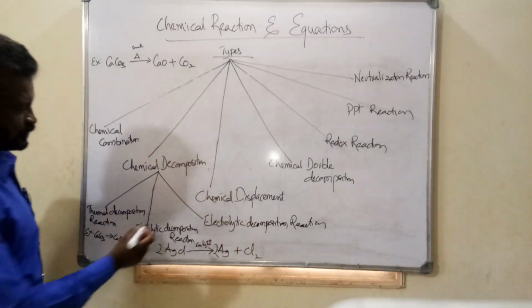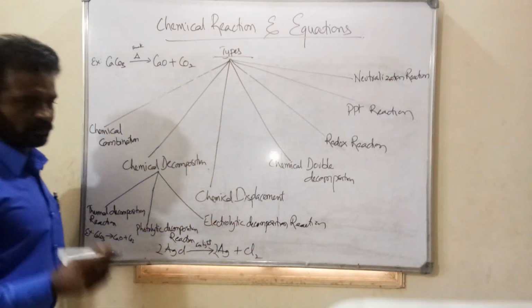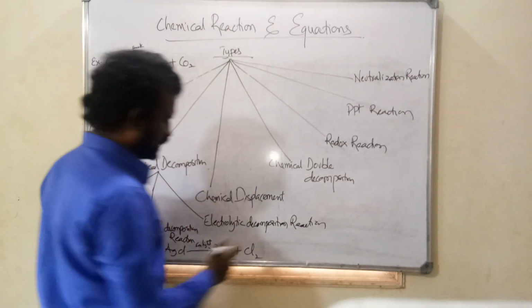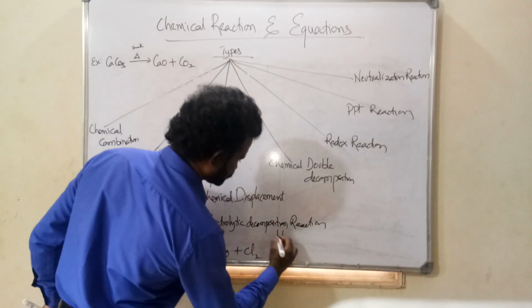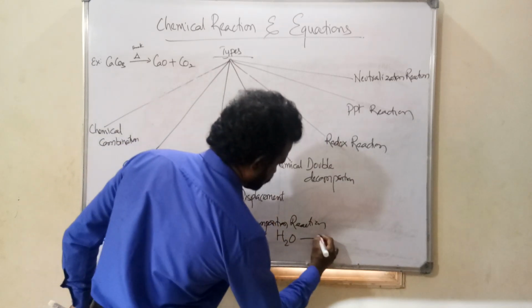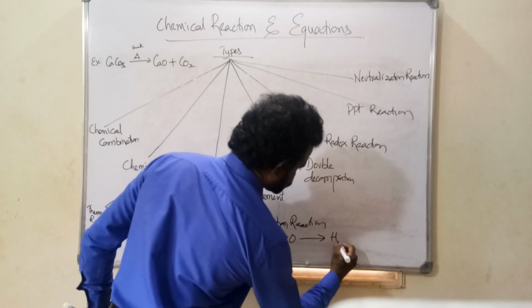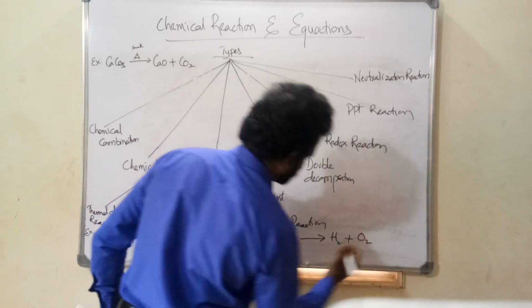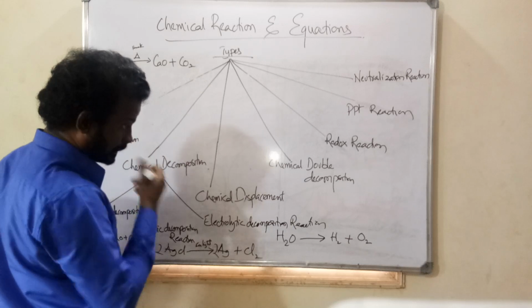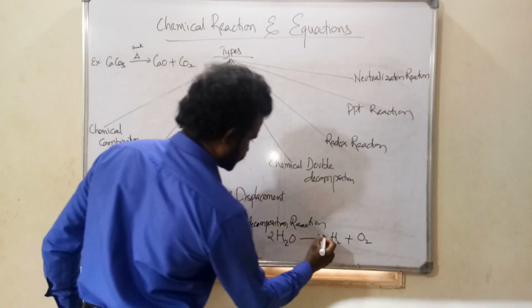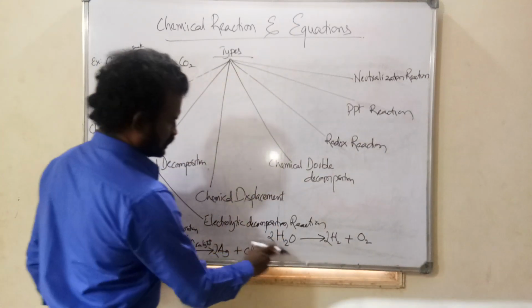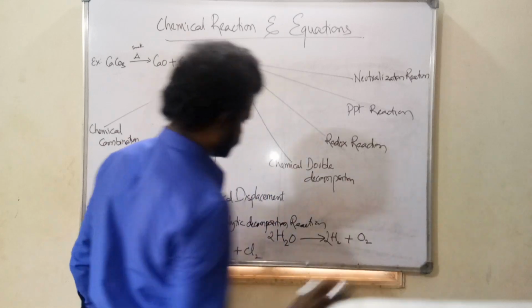Now, we'll go to electrolytic decomposition. This is called electrolysis. In electrolytic decomposition, water H2O breaks down to H2 plus O2. See, it is balanced: 2H2O gives 2H2 plus O2. Is it clear?